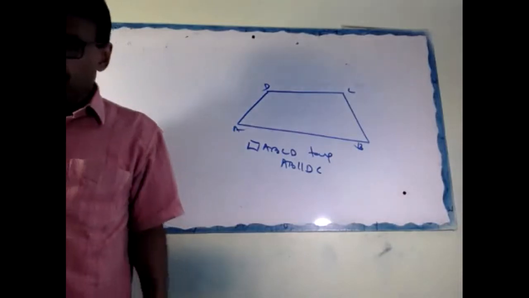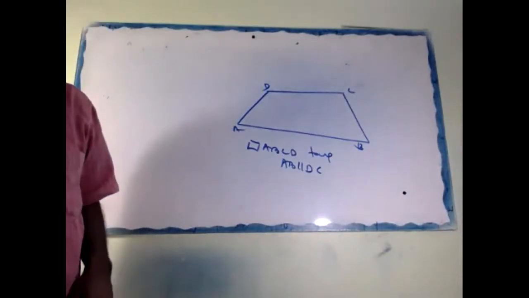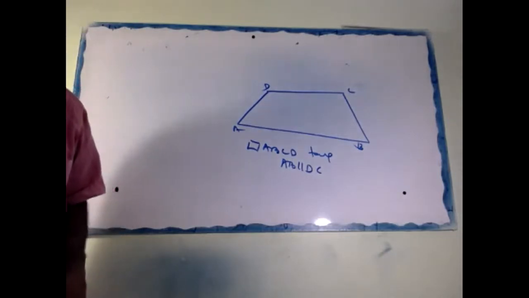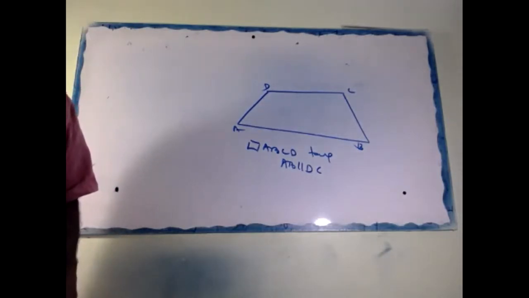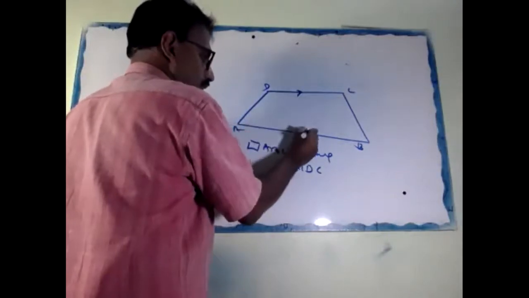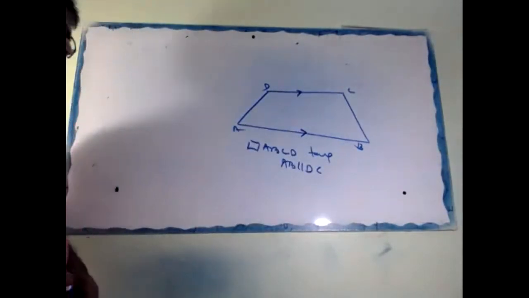First one is a quadrilateral having one pair of opposite sides parallel. That means this is parallel to this one. Then it is called a trapezium.